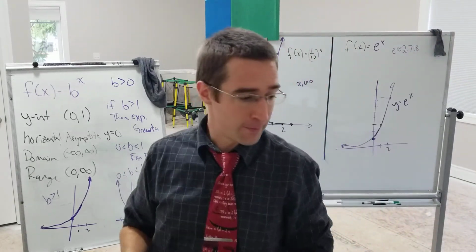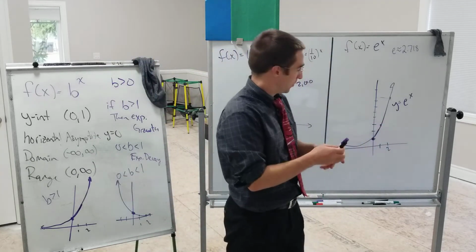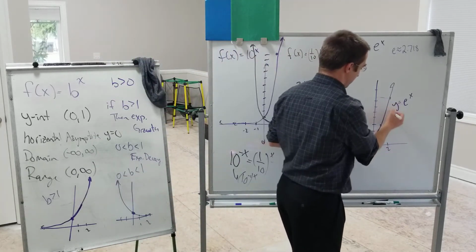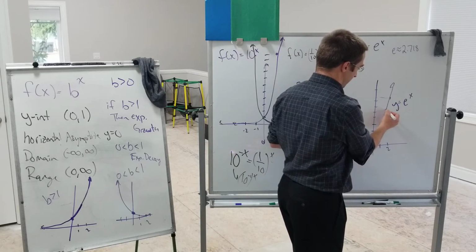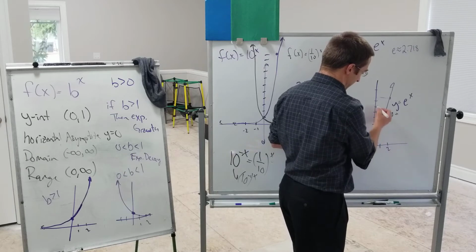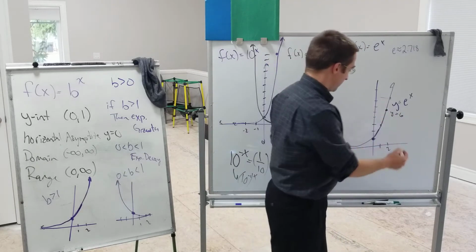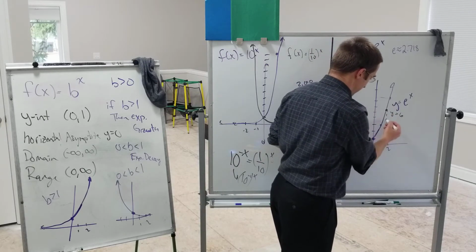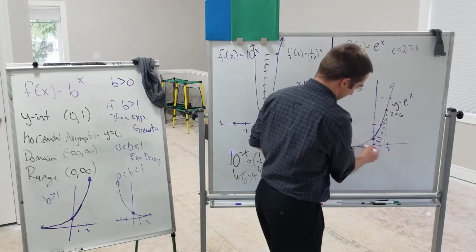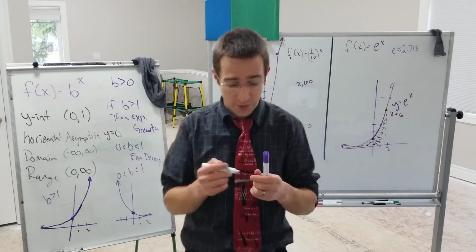So now, e is just a special number. It's this wonderful number, actually, where if I pick any point here, let's say I pick this point right here, where the y value equals 1, 2, 3, 4, 5, 6. If the y value equals 6 here, the area under the curve, all of this, if I add all that up, that area is going to equal 6 square units.